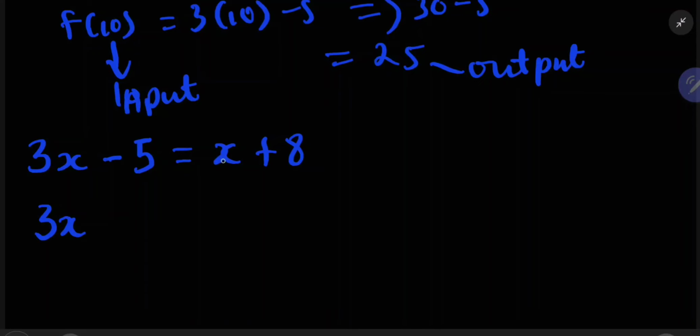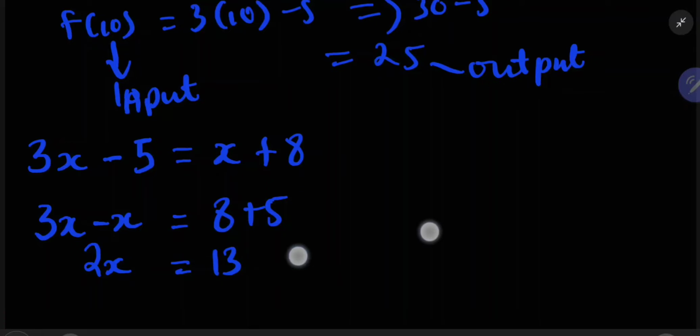To bring x over to the side of 3x, it crosses the equal sign and the sign changes. You have 3x minus x equals 8. And to bring minus 5 over to this side, the sign changes, so we have plus 5. So this means 3x minus x, that's 2x, equals 8 plus 5, that's 13.